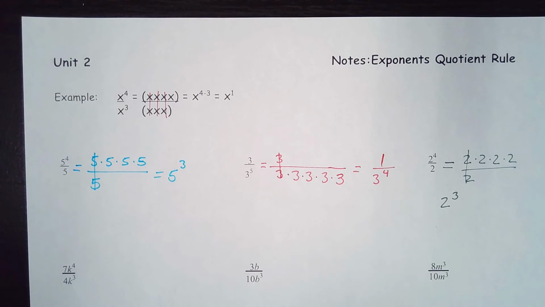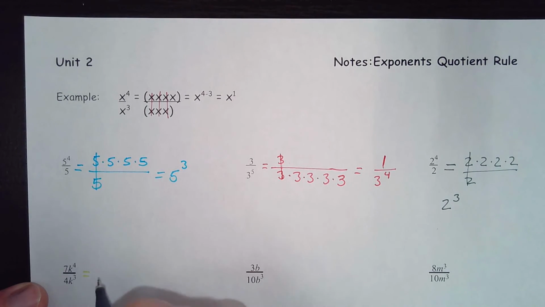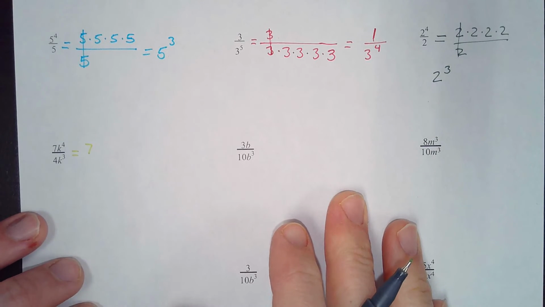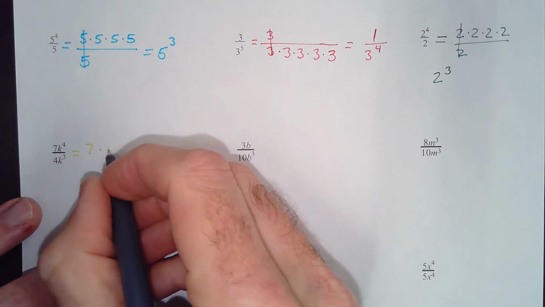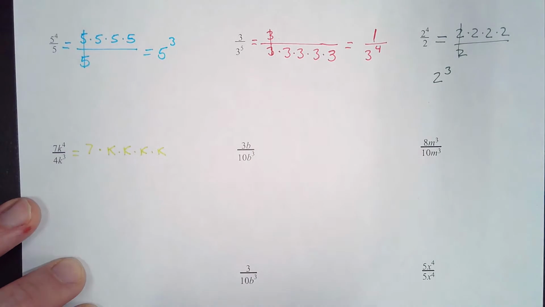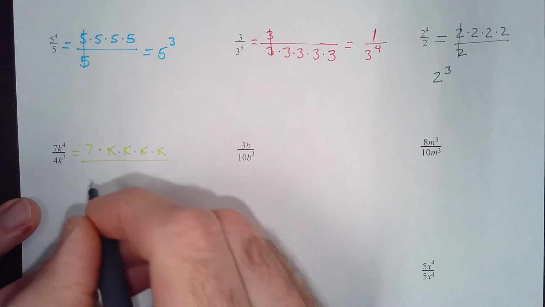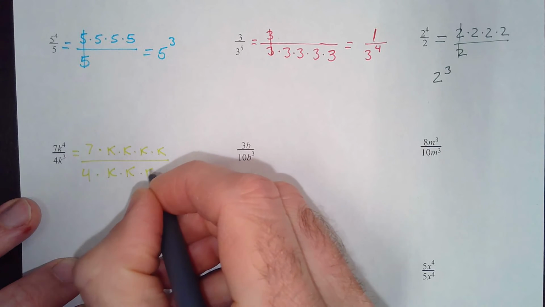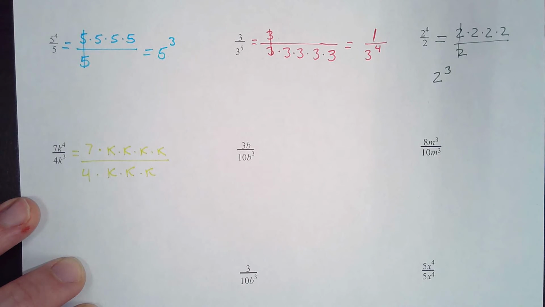All right, let's go down here where we start to have some coefficients in front of the variables, and once again, just expand the whole thing out. So this is equal to 7 times k times k times k, all that divided by 4 times k, k, k 3 times.